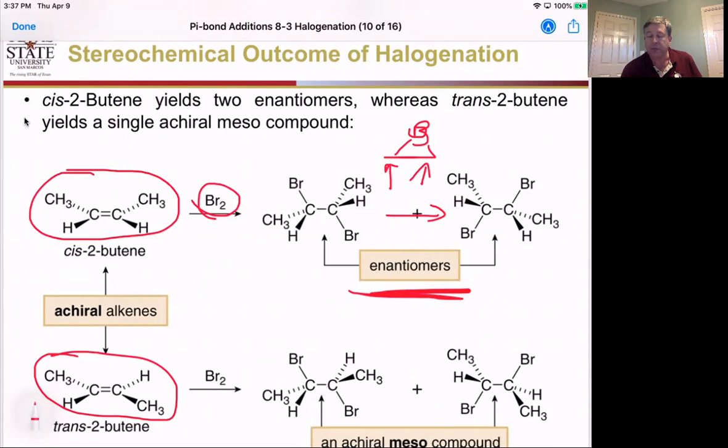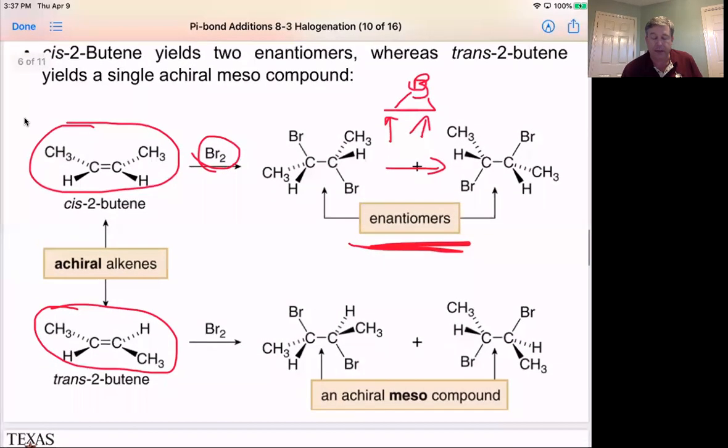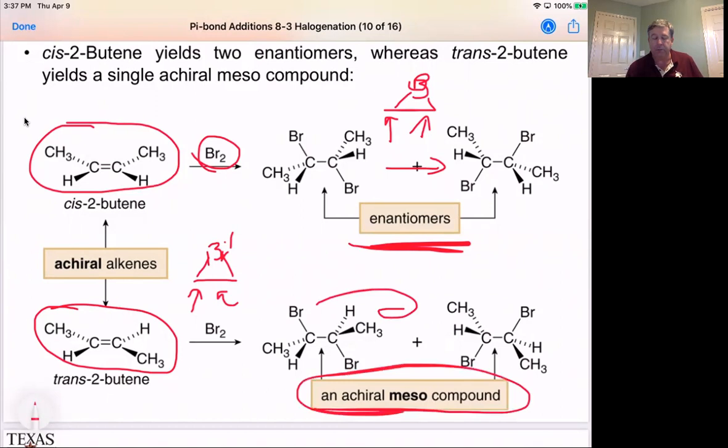Okay. Now, if we were to do that on the trans-butene, we would form that same intermediate where we have the cation above and below the plane here, and when it comes into either side of this reaction, because we're starting with the trans, we actually end up with a superimposable system here, and we end up with an achiral meso compound.